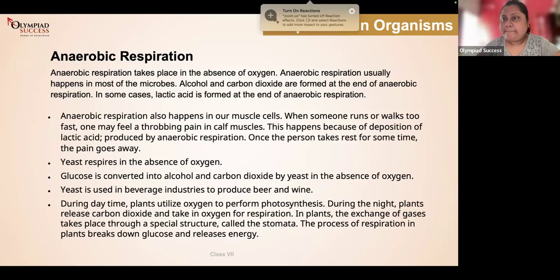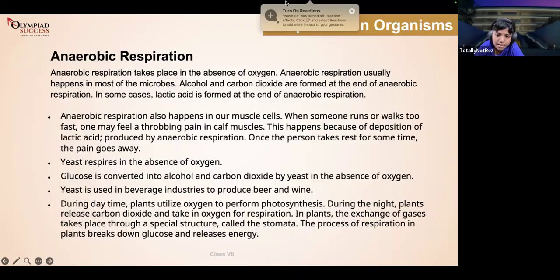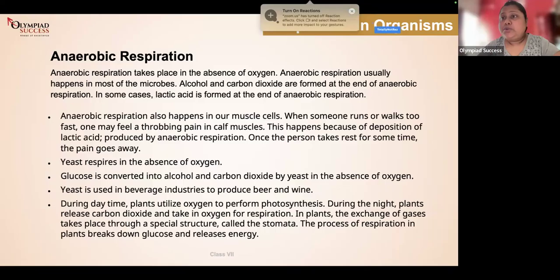You've seen the picture, right? Looks big. This particular kind of bacteria uses sulfur to break down their food. They don't use oxygen.